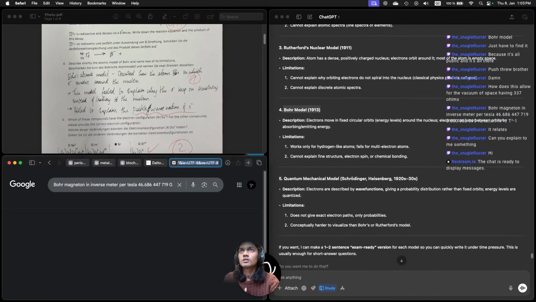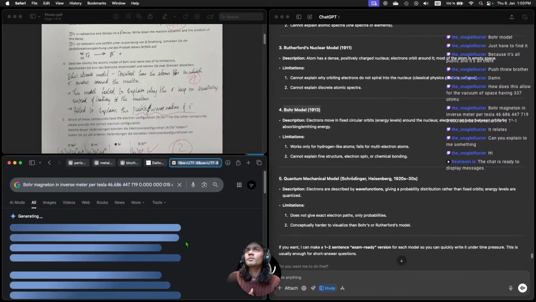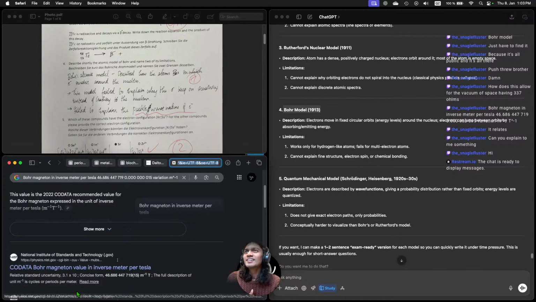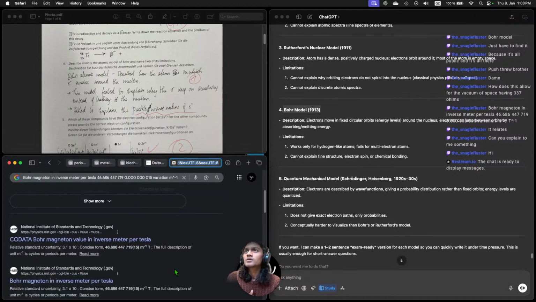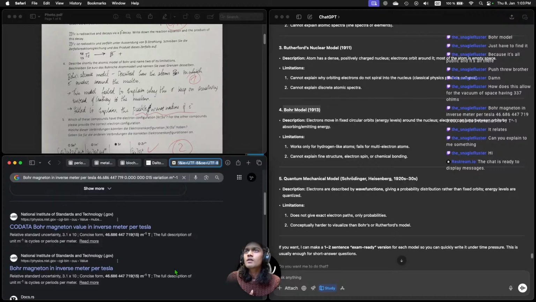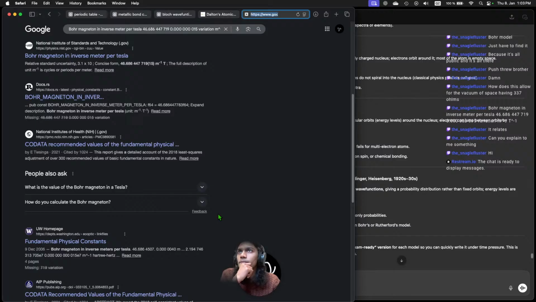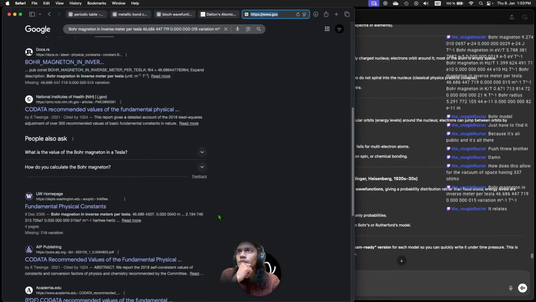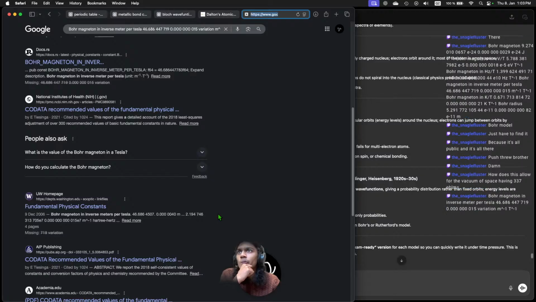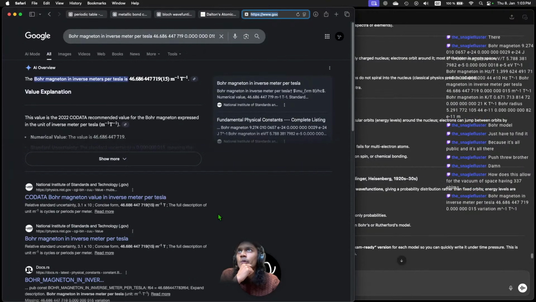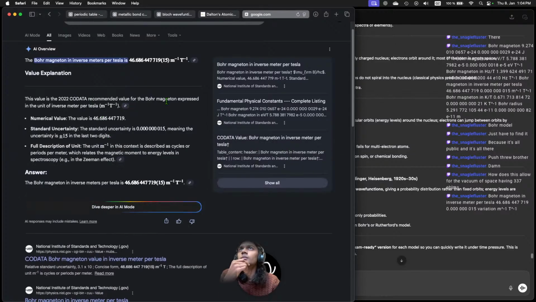Bohr model. Okay. What is this, bro? Bohr magneton value. What is this value, bro? Value recommended. Standard uncertainty.